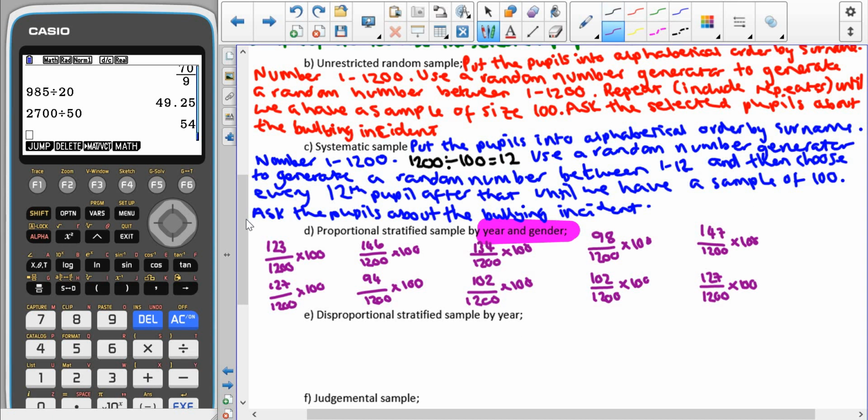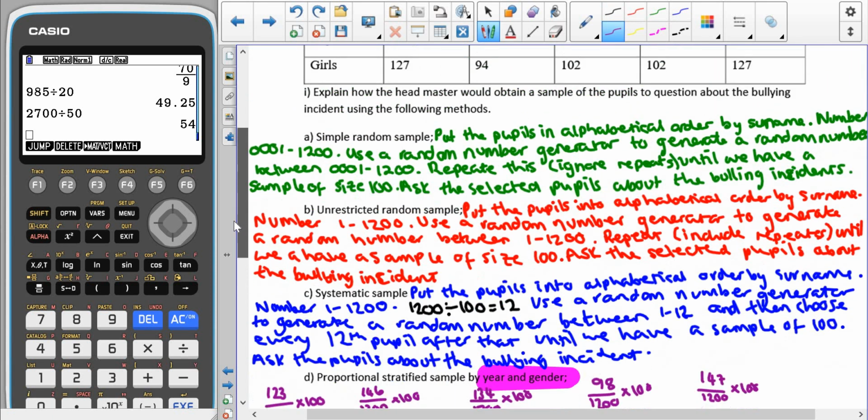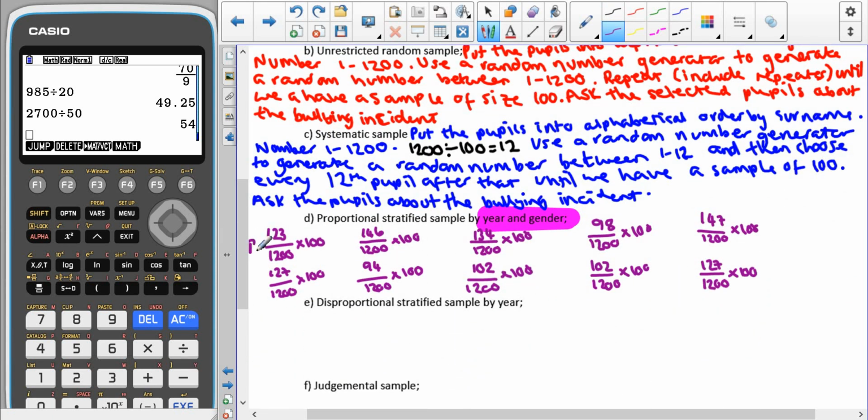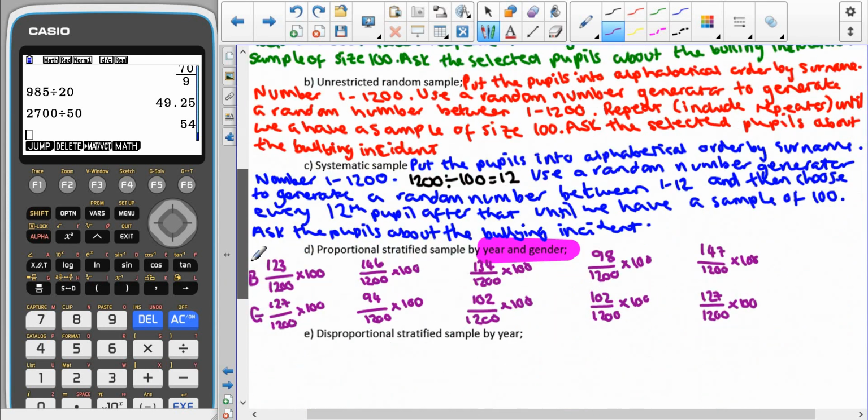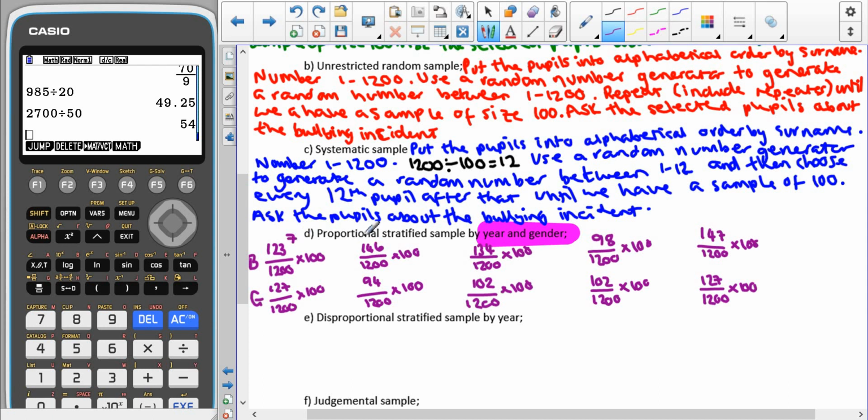Now it's important that we know what each of these groups is. So across the top it was boys, down the side it was girls, and then we have years 7, 8, 9, 10 and 11.